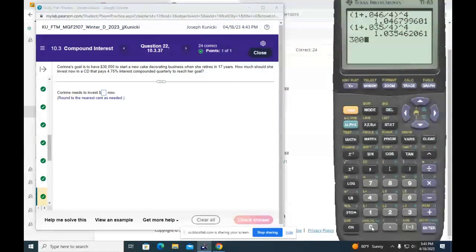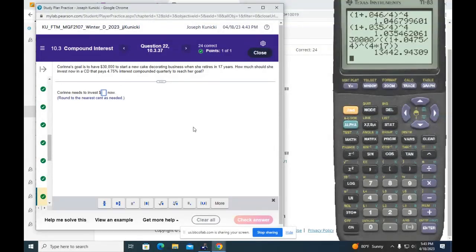So using the present value formula, we put 30 grand divided by double parentheses 1 plus r over n, 0.0475. And it's compounded quarterly, so divided by 4, and then it's caret 4 times 17, because it's quarterly. So there's 68 compoundings total.